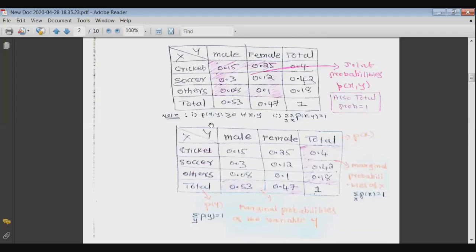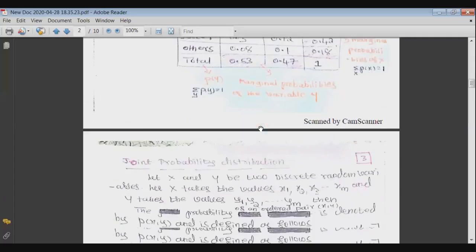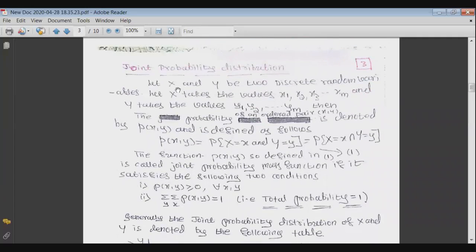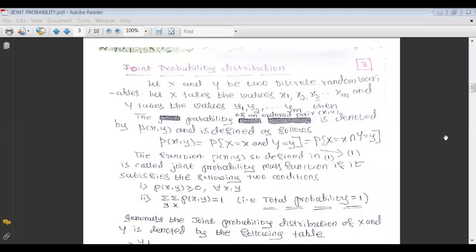Now, instead of going with examples, let us define them in general. In order to define the joint probability distribution in general, let us consider two discrete random variables, say x and y, because our study is restricted to discrete random variables, where x takes the values x1, x2, so on, xm, and y takes the values y1, y2, so on, yn.